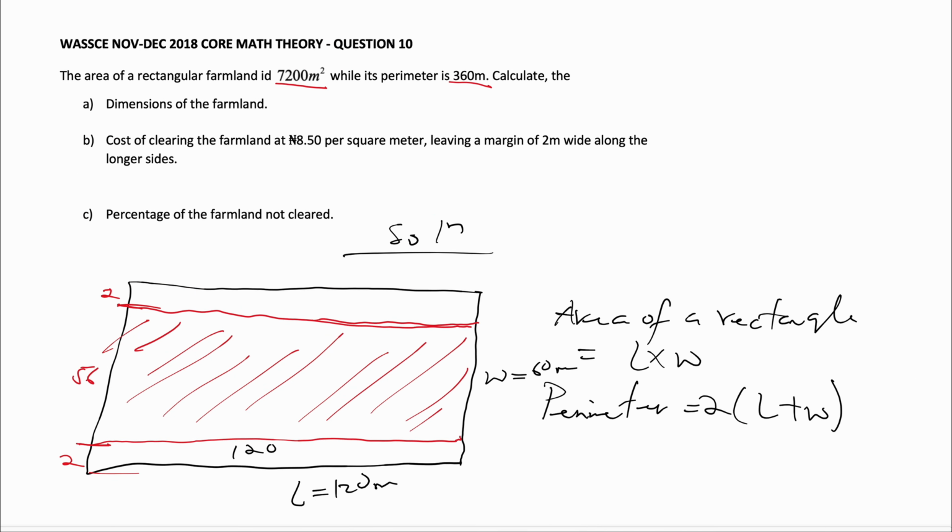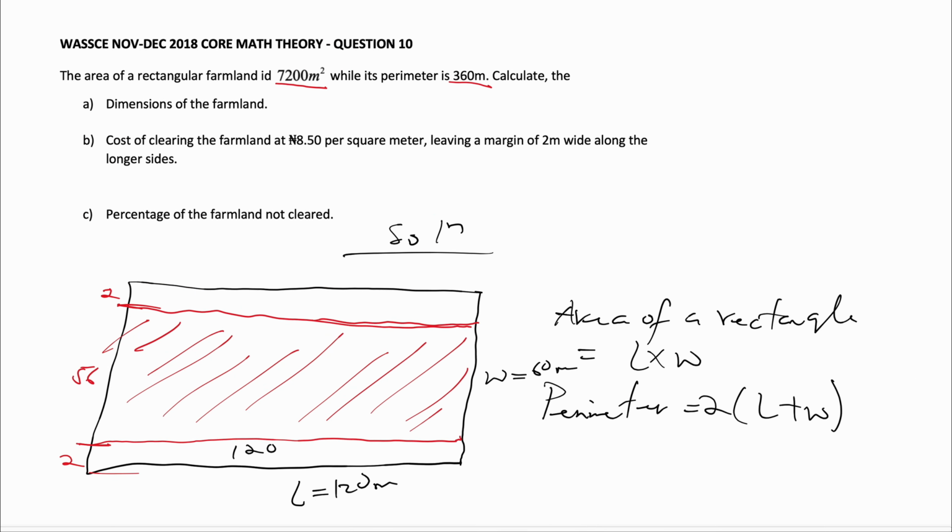So C says find the percentage of the farmland not cleared. First we need the area of the farmland not cleared. We know that the total area of the farmland is 7,200 and the area cleared is 6,720 meters squared.